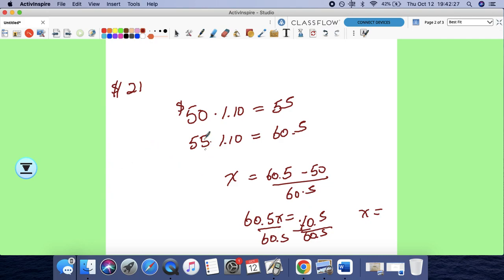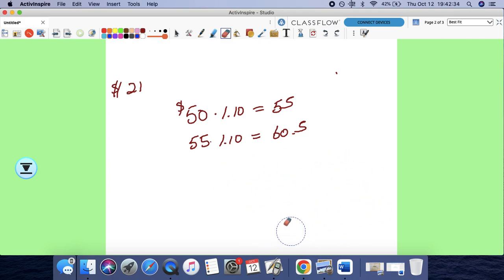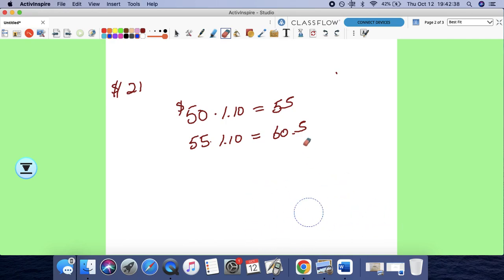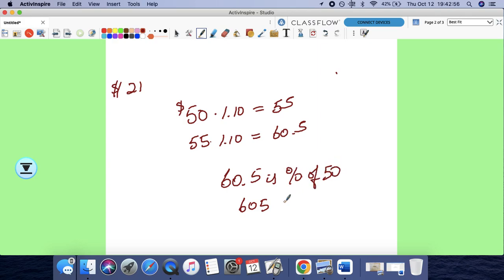Percent of the original amount. Alright, let me erase everything. Sorry guys. So after 2 months you have this. 60.5 is what percent of the original amount? Let's put it that way. So 60.5 is x of 50, the original amount.